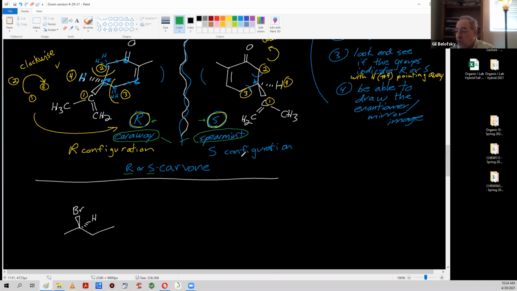The two forms are called enantiomers. Remember, they're isomers. So R and S are isomers called enantiomers.